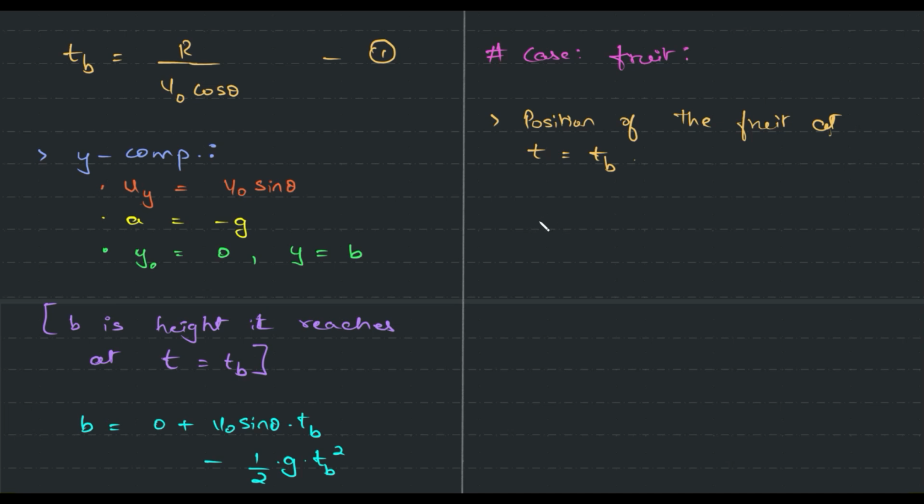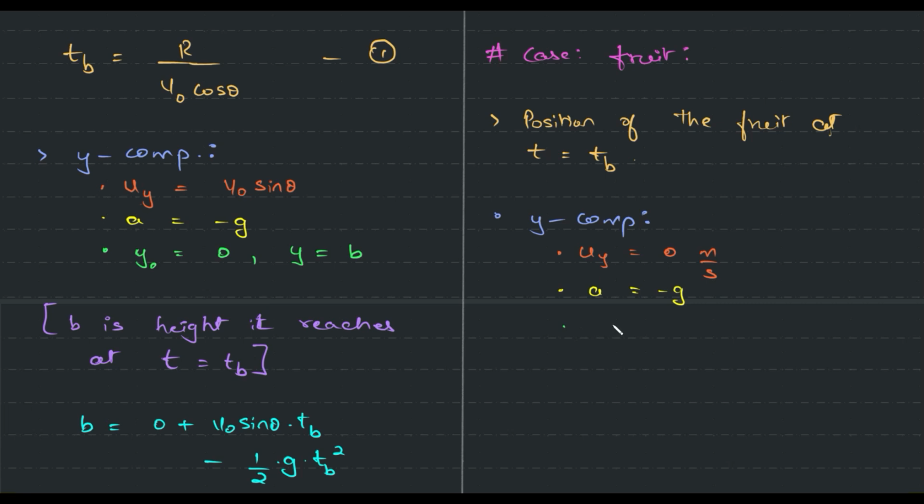Okay. So basically all we have to do is, it's not changing along the x-axis. All we have to do is only the y component. So along the y component, what do we have? It starts off with an initial velocity of 0 meter per second. It starts off at rest. Acceleration due to gravity is minus g.